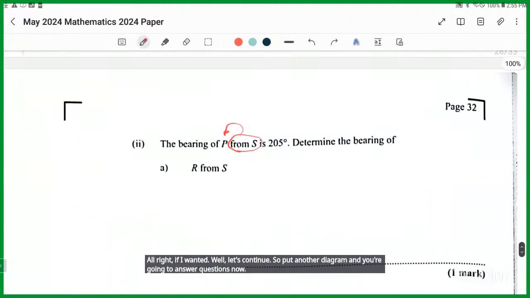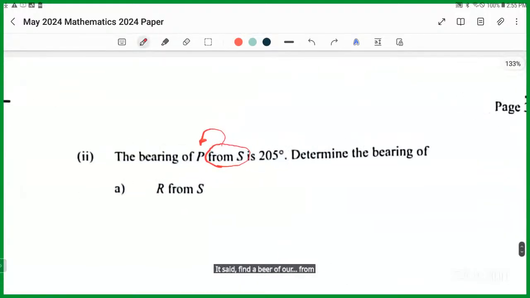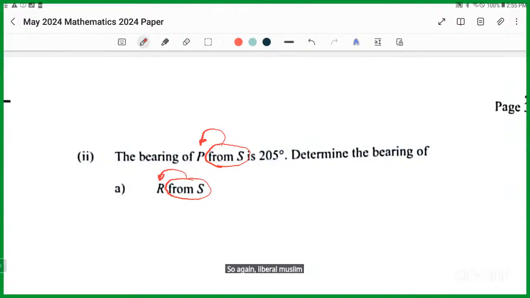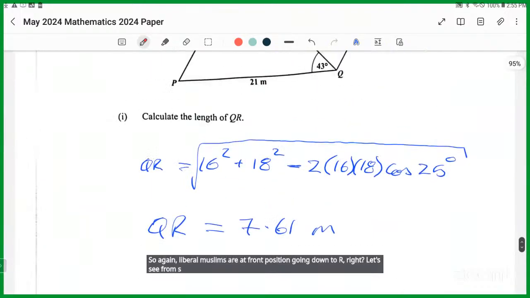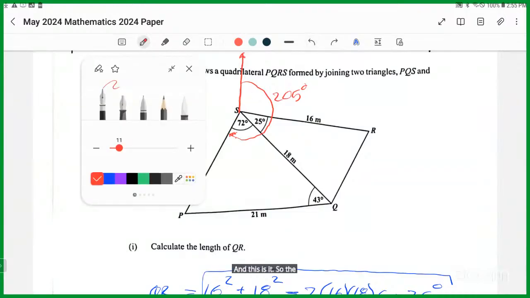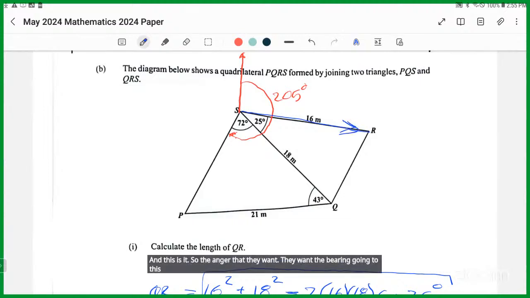It says find the bearing of R from S. Again, we're going from S to R. So again, the bearing must be measured from position. We're going now to R, right? From S to R, from the same S, going on to R. So R out here, and this is the S. So the angle that they want is the bearing down in this direction to R, this clockwise angle here.